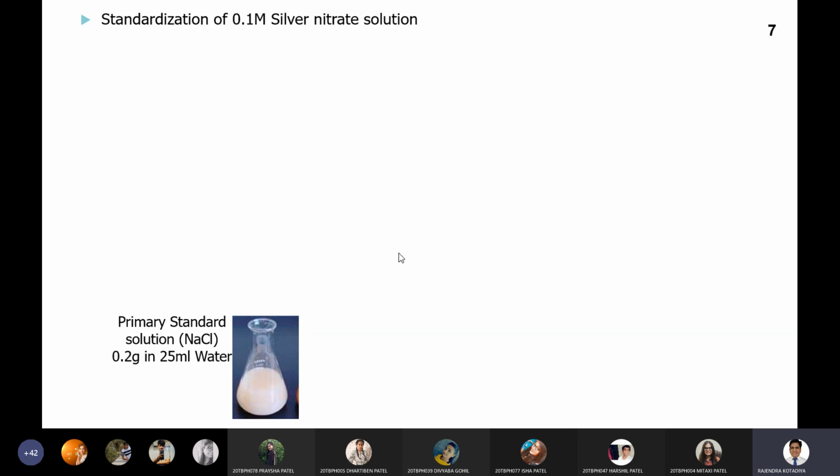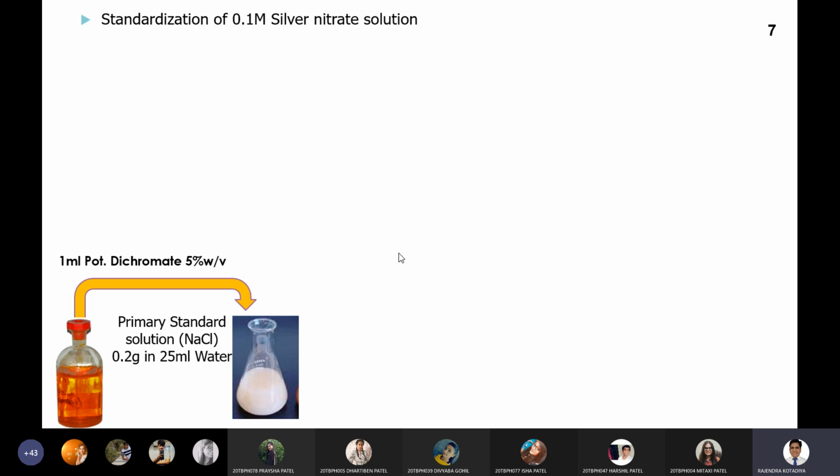Then in that we are going to use some indicator. In this particular case it will be 1 ml of potassium dichromate, 5% weight by volume. So this will be our indicator, K2Cr2O7.